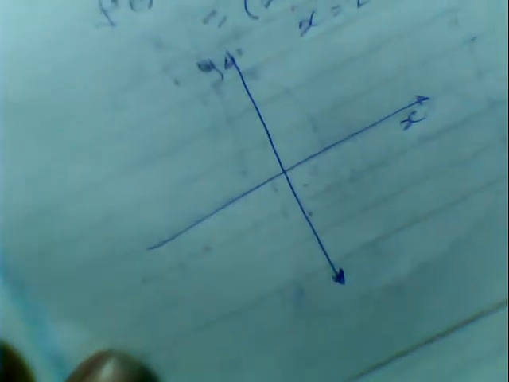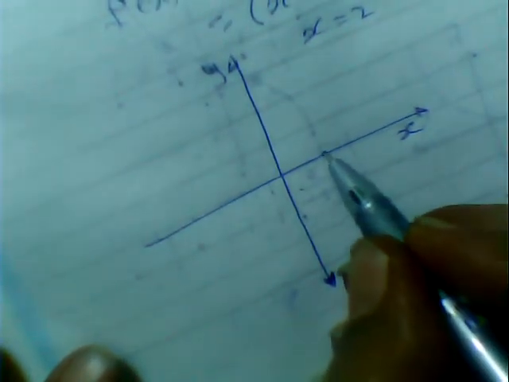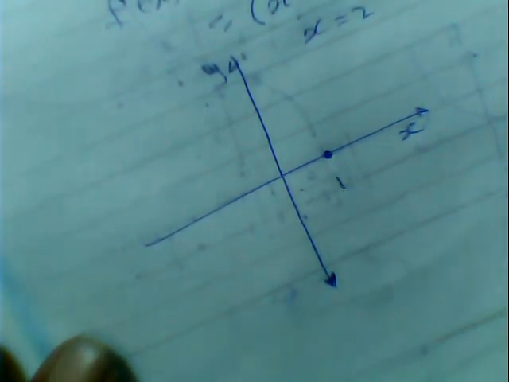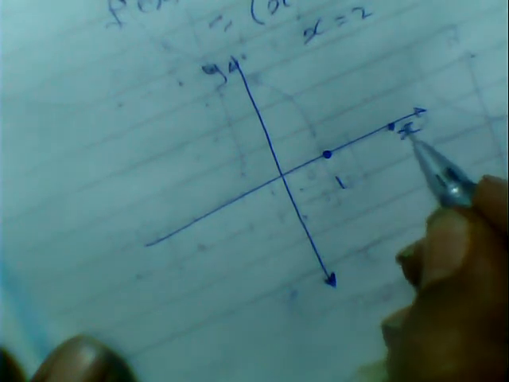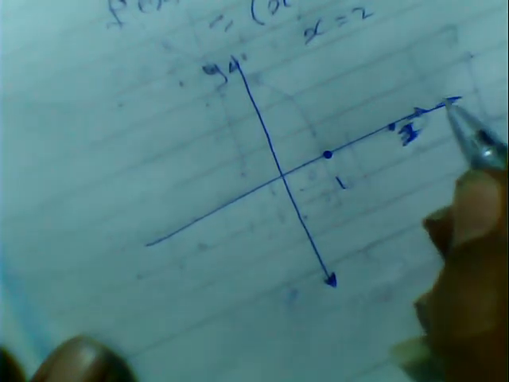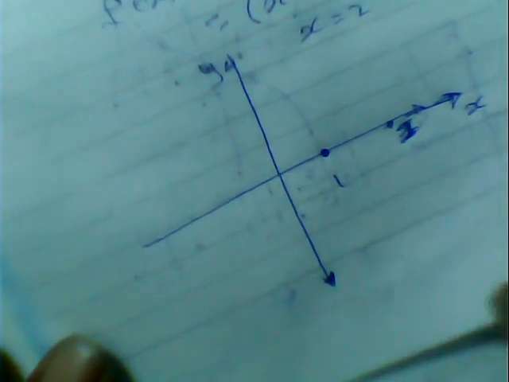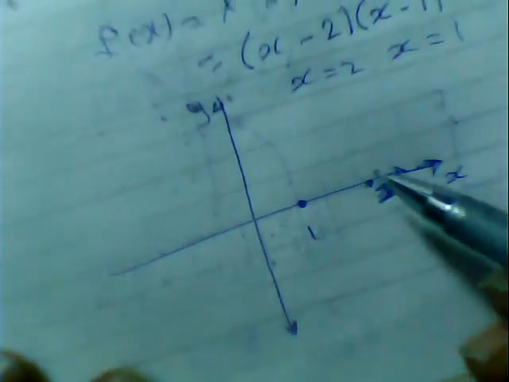This is the x axis and y axis, and 1 here, and this is 2, on the x axis. Okay, how do we draw it?